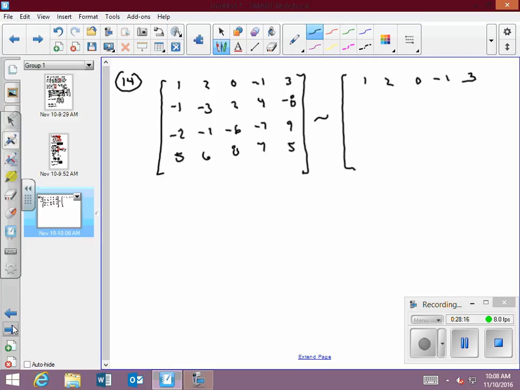So I'm going to multiply the first one by 1 and add it. Minus 1, 2, 3, minus 5. I multiply the first one by 2 and add it. 0, 3, minus 6.